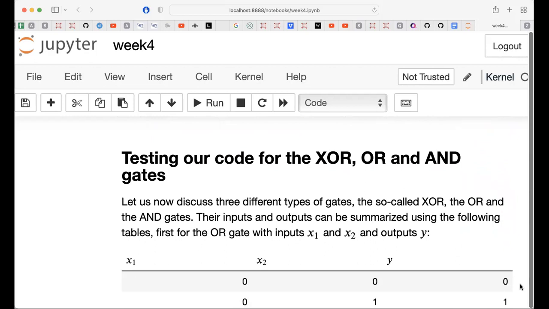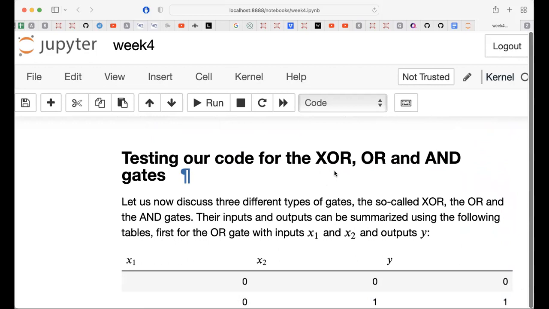Next week, I thought we could discuss in more detail how to use TensorFlow. And we're also going to look at some other examples of applications of neural networks. One of the cases we're going to look at are some test cases which are widely used to demonstrate the feasibility of neural networks. And these are some famous gates.